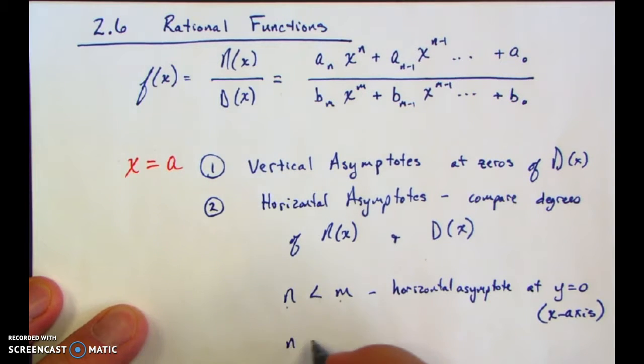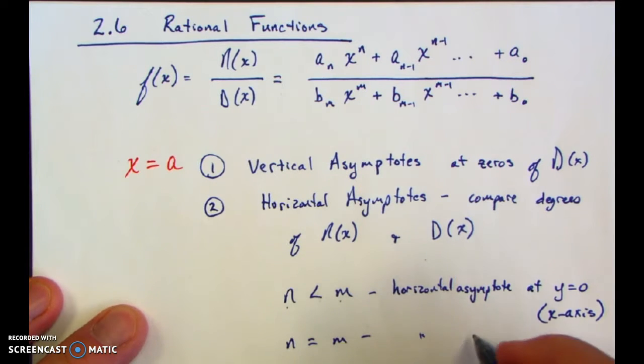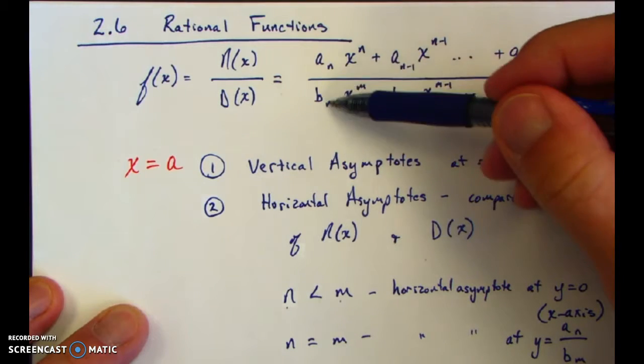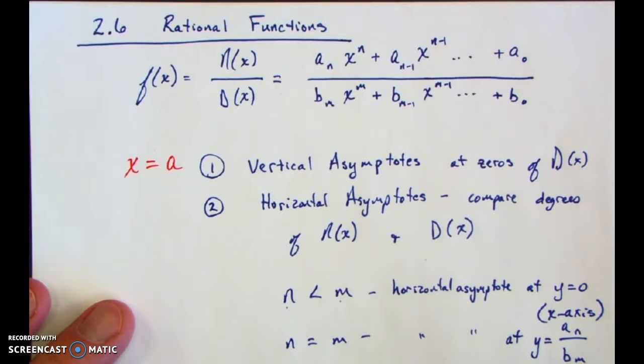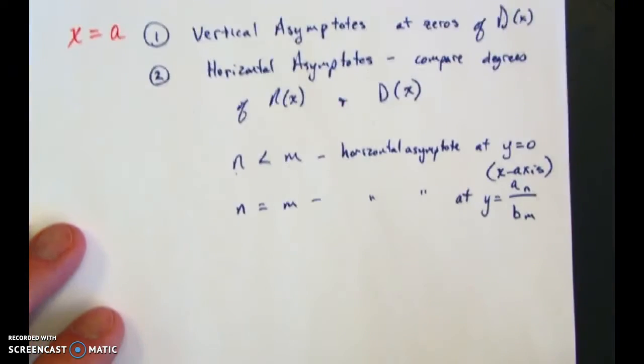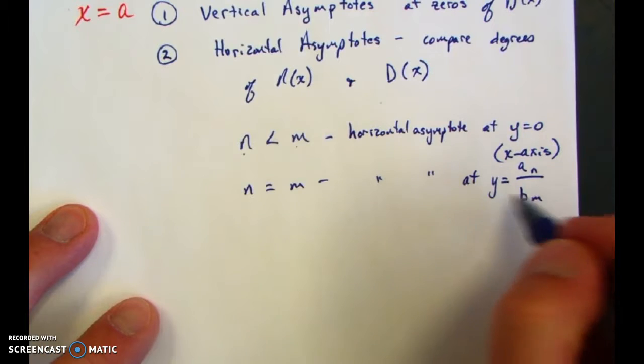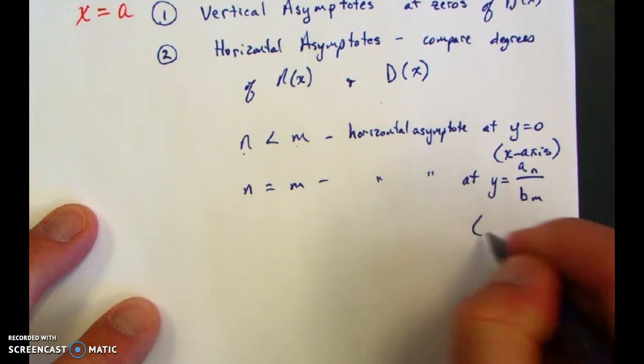And if the degrees are equal to one another, then we have a horizontal asymptote, and this time we're going to compare the leading coefficients. So it's going to be where y is equal to the leading coefficients of our numerator and denominator, a sub n over b sub m. That's what's going to tell us where that horizontal asymptote will take place.